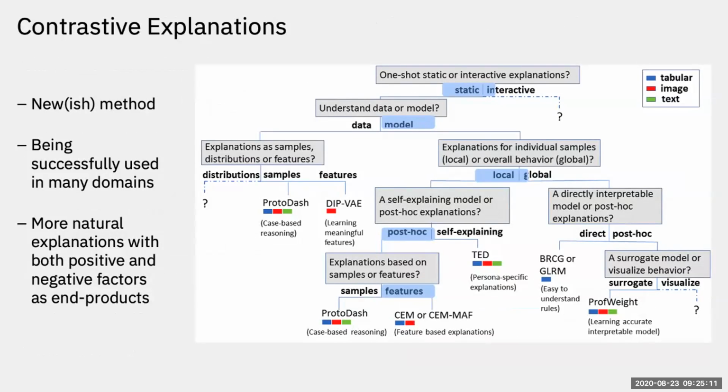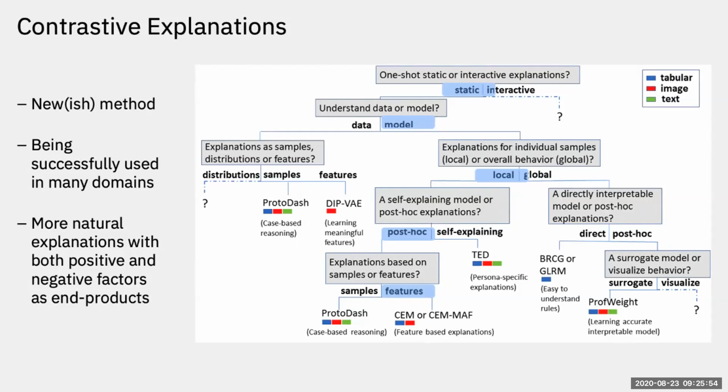As a next representative model, we choose contrastive explanation. This is a newer method than the previous two that I just described, and it has been successfully used in many different domains. The nice feature about the contrastive explanation method is that it can provide a more natural explanation, not only in terms of providing explanation about the positive features, but also the negative features which should not be present for a particular task.